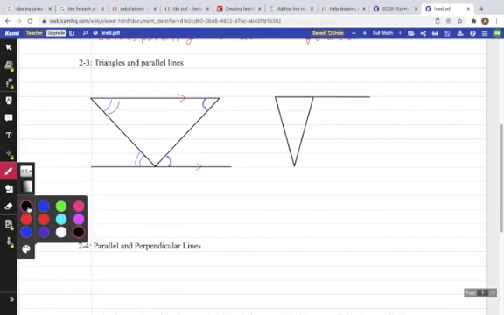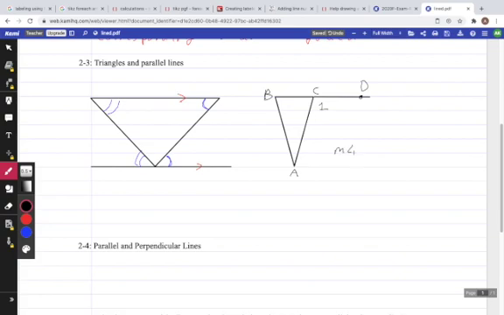And I'm going to give these angles names, A, B, and I'm going to call that C, and then I'm going to put a point out here, D. What this does is it allows us to easily find the measure of this angle.